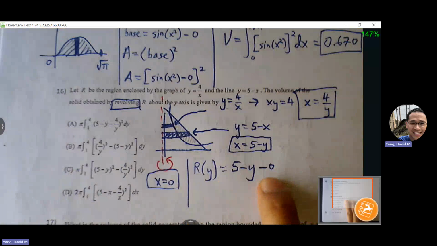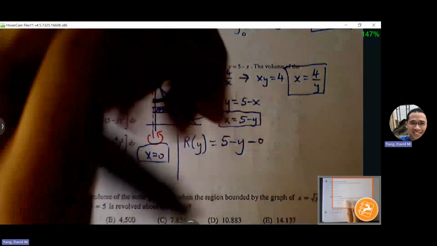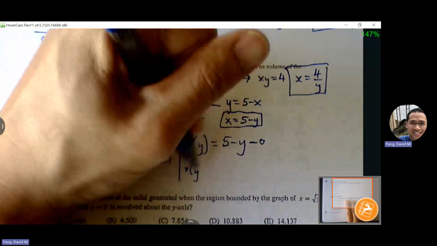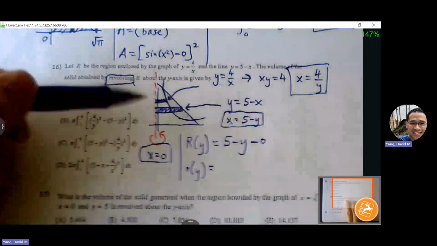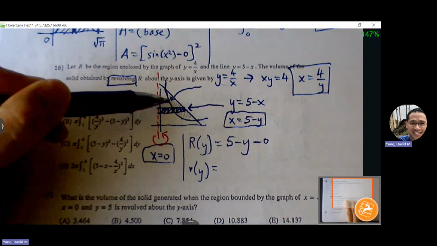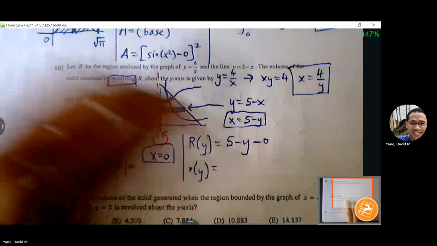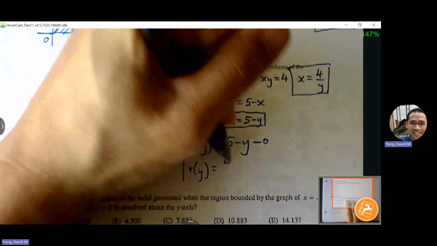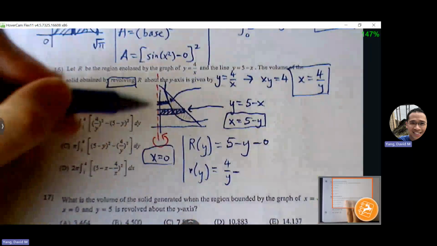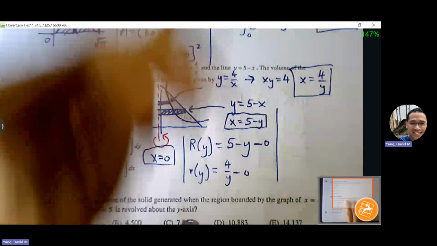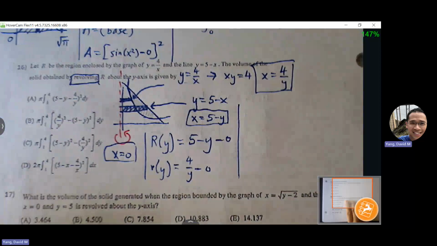And that 0 will just go away, but I wanted to make sure that we knew our process of building our radius. Okay, little radius, what's the right endpoint of my small radius sitting on? 4 over y, okay, so it's 4 over y minus, what's the left endpoint? 0. Okay, again, these zeros will drop out, but I want to make sure we know the process.